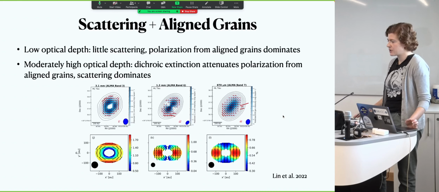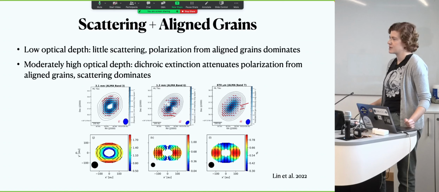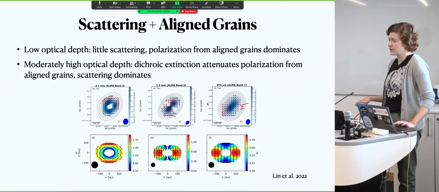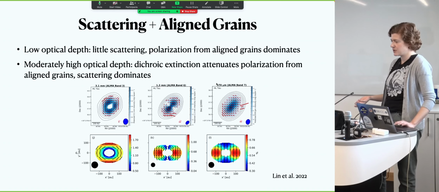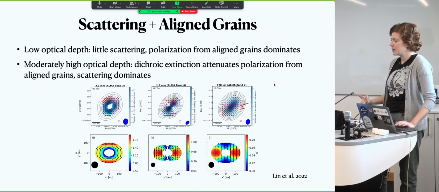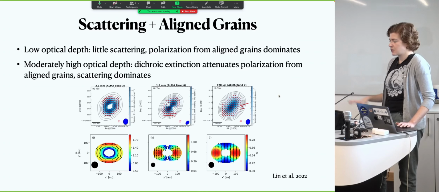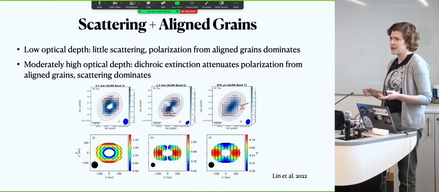So one of my collaborators from grad school has done some work on modeling what might be creating this transition of polarization morphologies that we see in HL Tau as we go from 3 millimeters to 870 microns. So you can create this type of transition of polarization morphologies if you have polarization from both scattering and from aligned elongated grains.